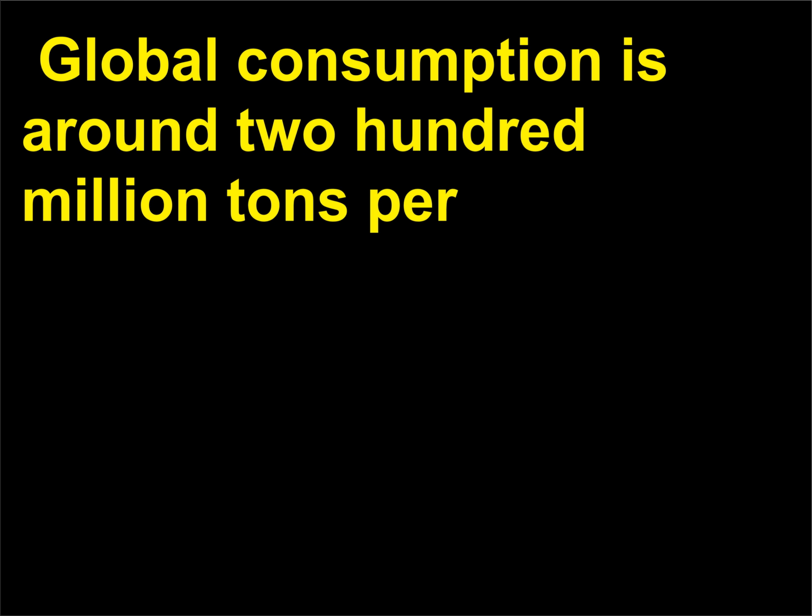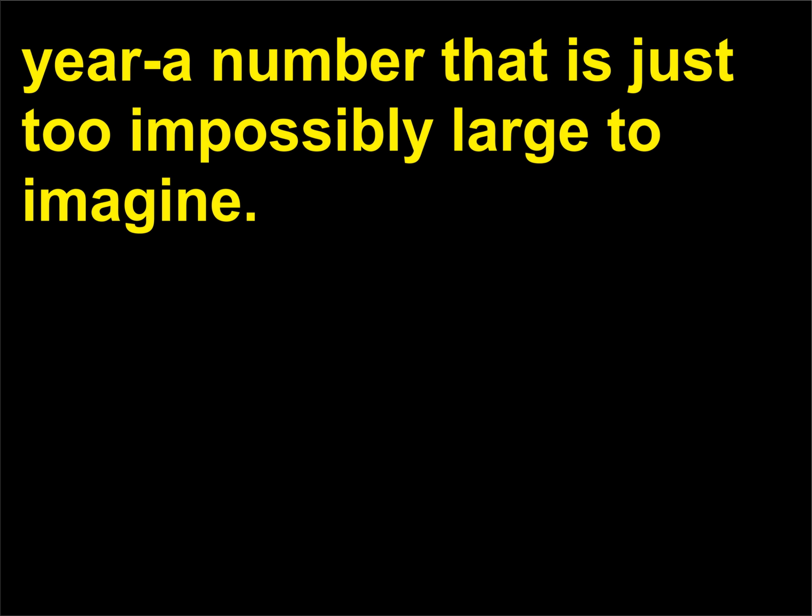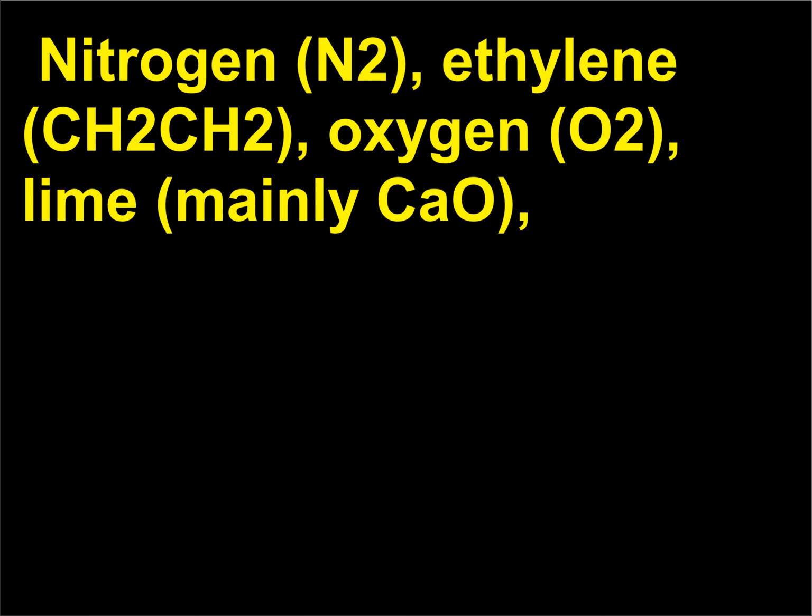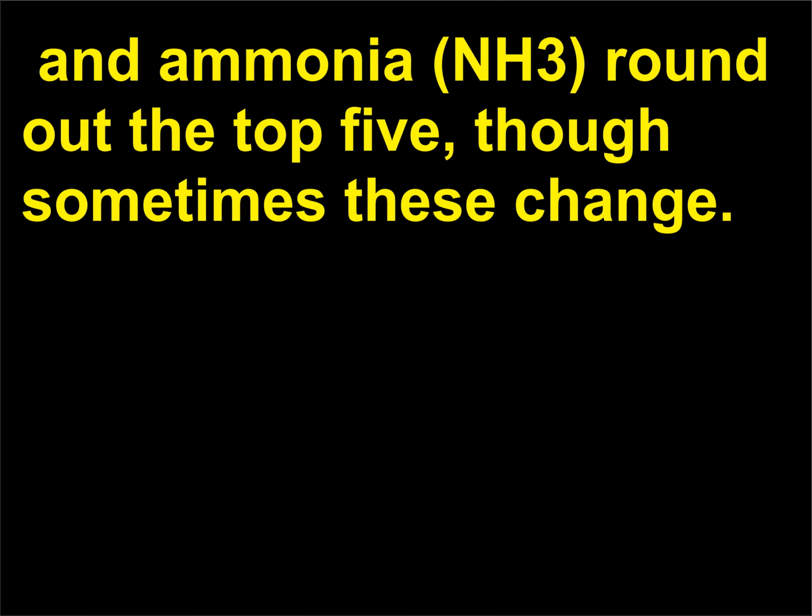Global consumption is around 200 million tons per year, a number that is just too impossibly large to imagine. Nitrogen, N2, ethylene, CH2CH2, oxygen, O2, lime, mainly CaO, and ammonia, NH3, round out the top 5, though sometimes these change.